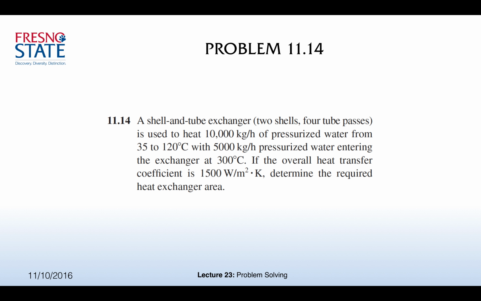And our first problem is problem number 11-14 in your textbook. If we start to read the problem together, the problem says, a shell and tube exchanger, two shells, four tube passes, is used to heat 10,000 kilograms per hour of pressurized water from 35 to 120 degrees Celsius with 500 kilograms per hour pressurized water entering the exchanger at 300 degrees Celsius.